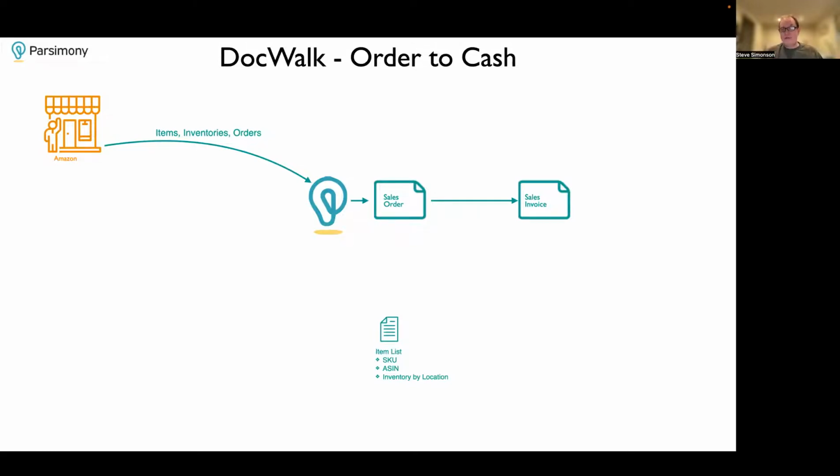But that's not necessarily true at Walmart or other places. And of course, there are other types of things like FNSKUs and UPC codes and so on and so forth. But the base minimum to get an order processed is having that SKU number, the ASIN number, and where that inventory is coming from by individual location, including the Amazon warehouse location.